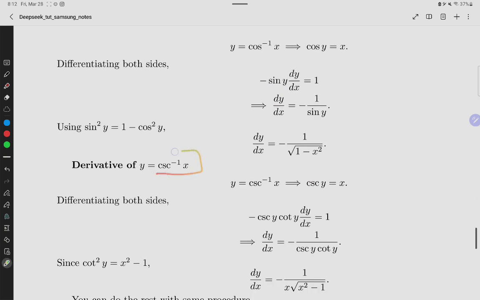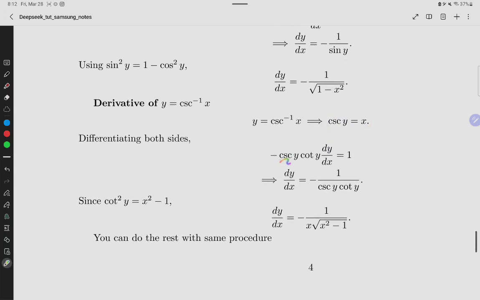For cosecant inverse of x, we'll have cosecant y is equal to x, and the derivative of cosecant y is minus cosecant y cot y. So we have two terms appearing there, and then for the y part we have dy over dx. This minus sign appears, and again cosecant y can be replaced directly with x.